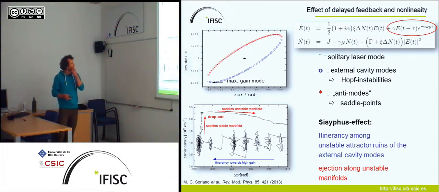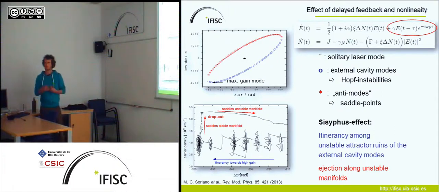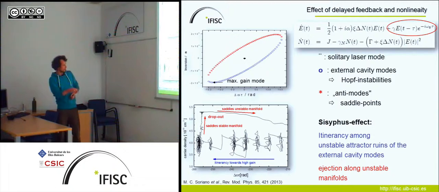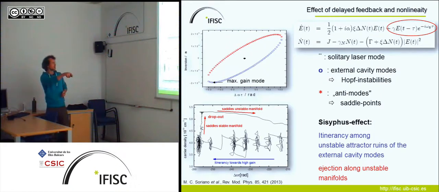And if you now do numerical simulations about the dynamics of the system, you typically get something similar to what we see down here. Each one of these vertical lines is the dynamics around one of these modes.